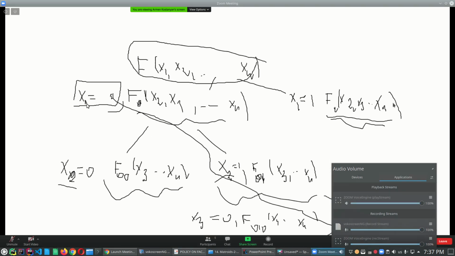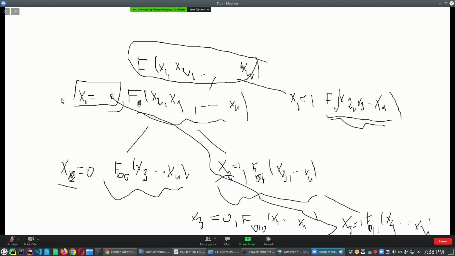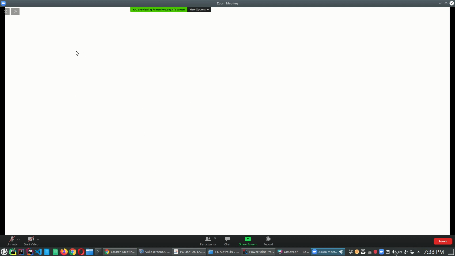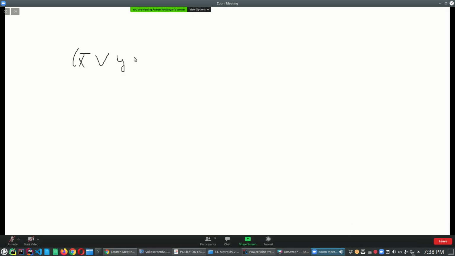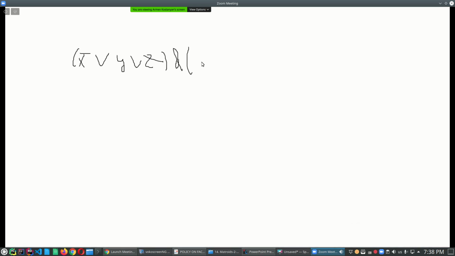Our initialization of variables provides a true assignment for our formula. For example, suppose our formula is this one: negation of x together with y and also z. This is the first disjunction. This is the second disjunction.